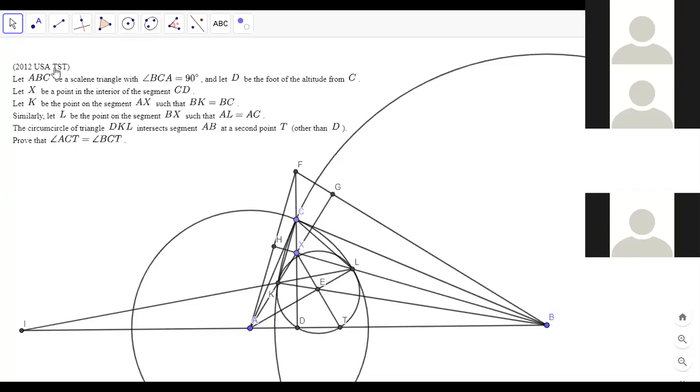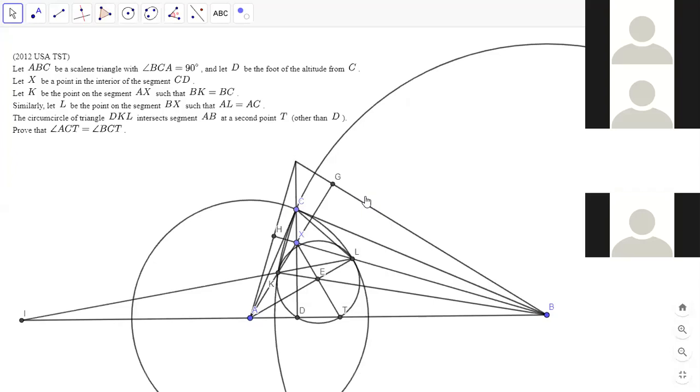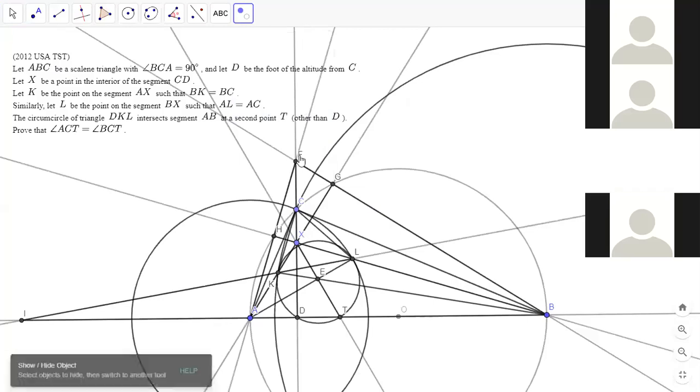So I did the USA team selection test today. Can I hide F? Yeah, I can hide F. That might make it easier. So you just drew the configuration? Yeah, so we drew a couple extra things too. So hold on just a second. I'm going to hide a few things.